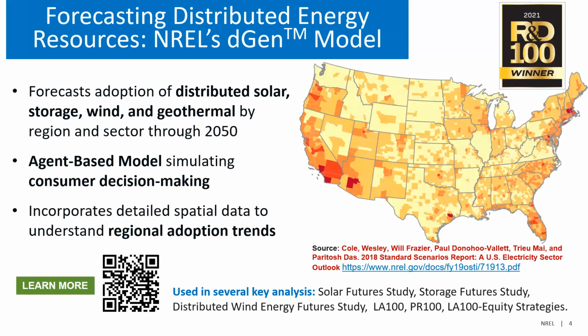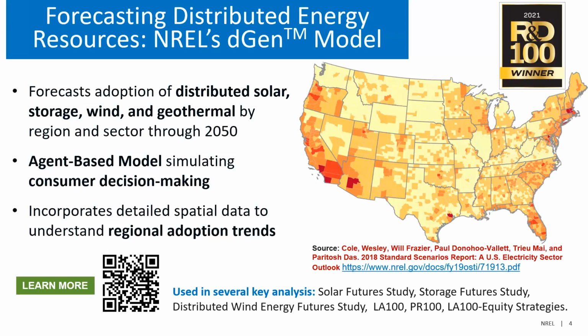So at NREL, over the past 5 to 6 years, we have developed this model called the distributed generation market demand model, which is an agent-based model, which helps forecast adoption of rooftop PV, behind-the-meter storage, small-scale wind, and geothermal by different regions and sectors till 2050.